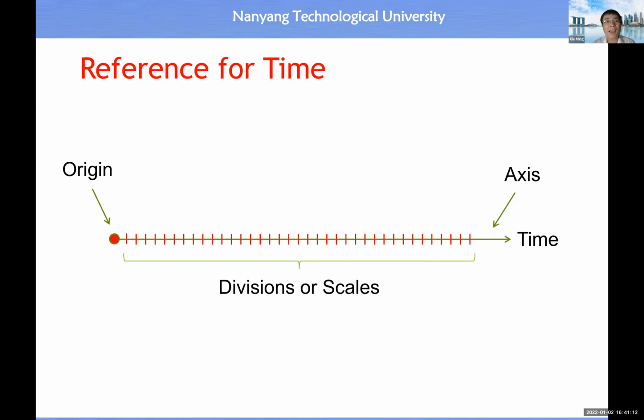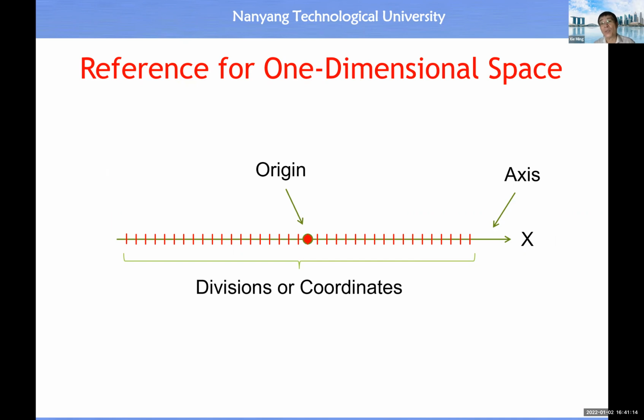Then for space, we know that we are living in a three-dimensional space. In some situations, we may just consider a reference along a single direction. Sometimes we may want a reference for a planar surface.